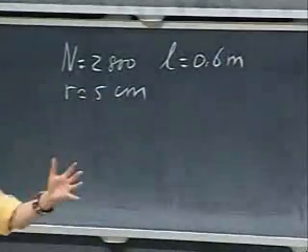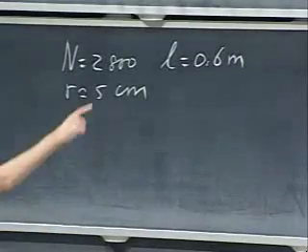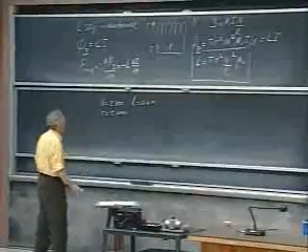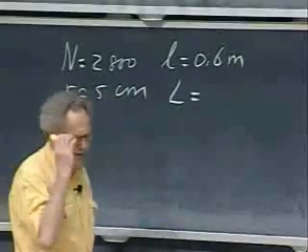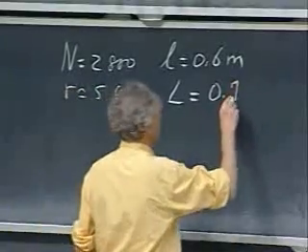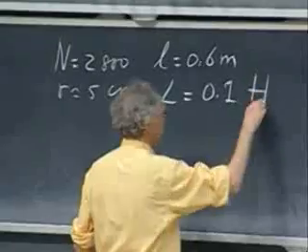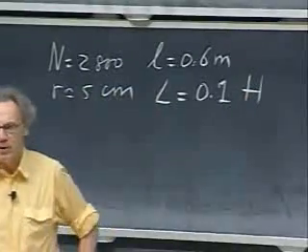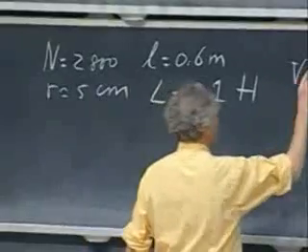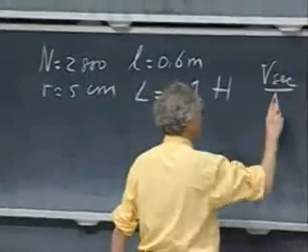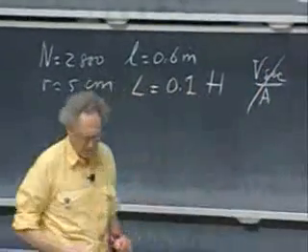We had it several times out here. And if you substitute those numbers in there, you will find that the self-inductance of that solenoid is 0.1 in SI units, and we call the SI unit Henry, capital H. It would be the same as volt seconds per ampere, but no one would ever use that. We call that Henry.